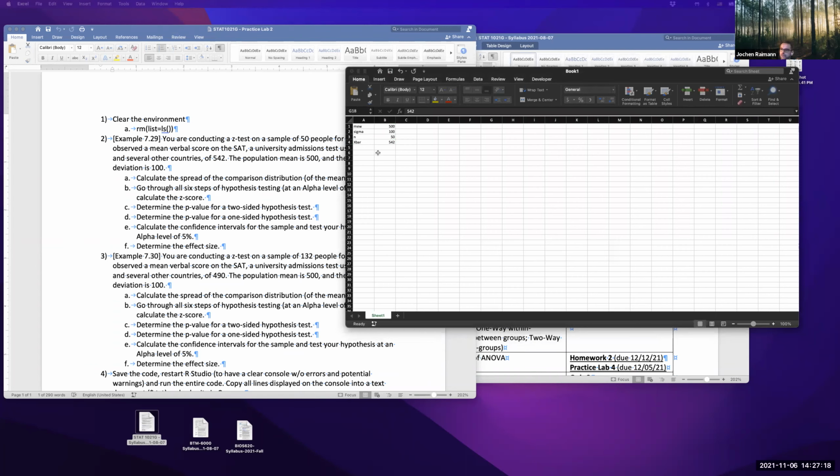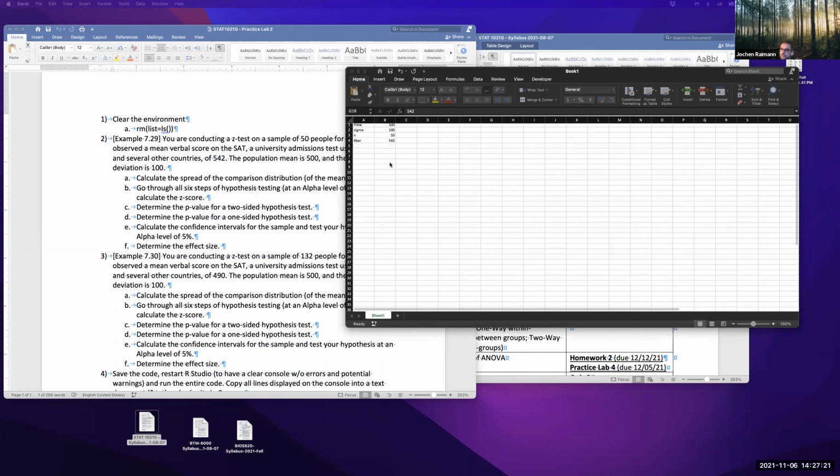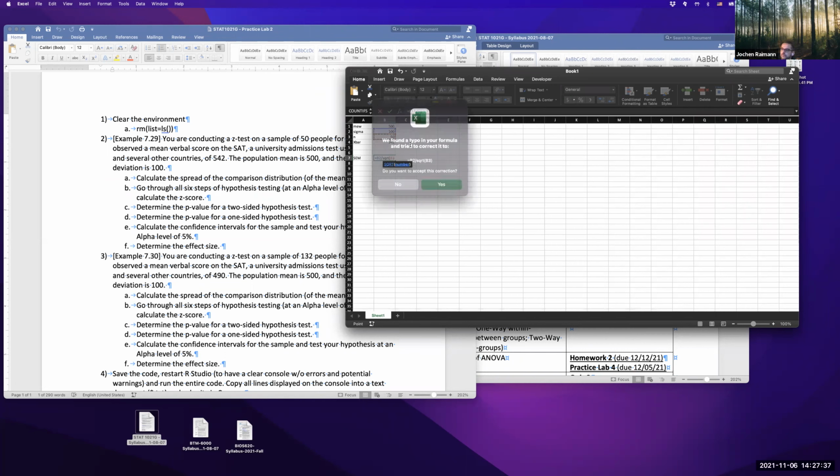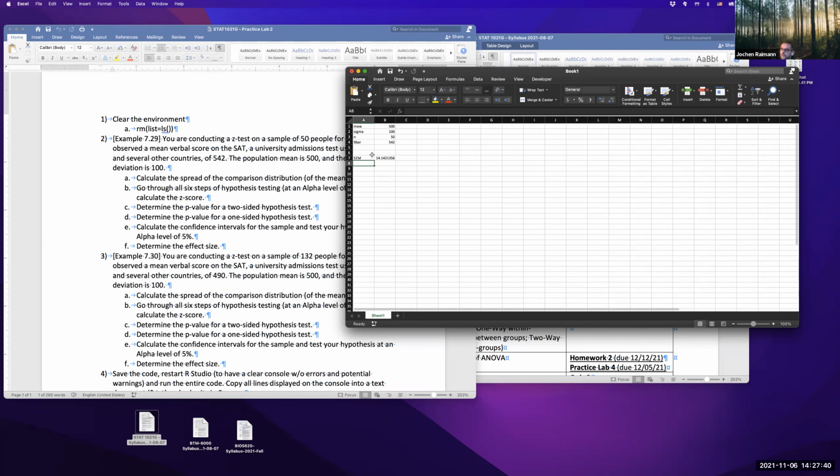So what's the first thing we need to do? We need to calculate the standard error of the mean, right? Standard error of the mean, SEM, equals sigma divided by the square root of n, right? We know this. This is 14.142.